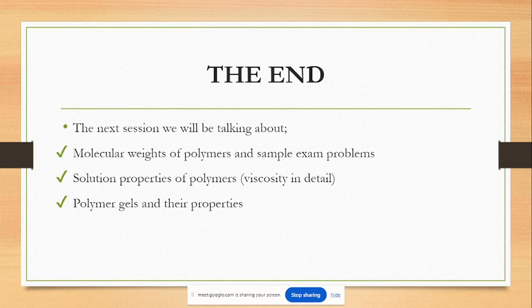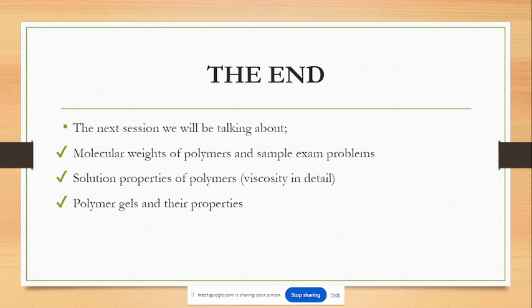And when we say semi-crystalline, it means that they melt at a range of temperatures, meaning they don't have a fixed temperature at which they all melt at once. There is a range of temperature at which they should melt or change.